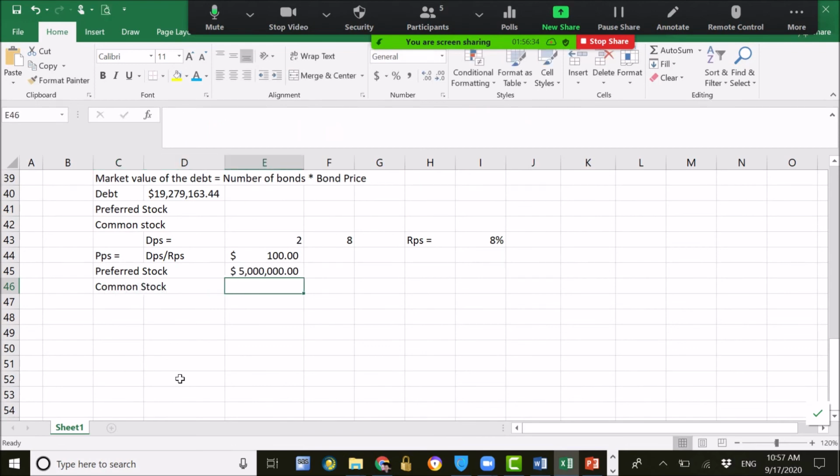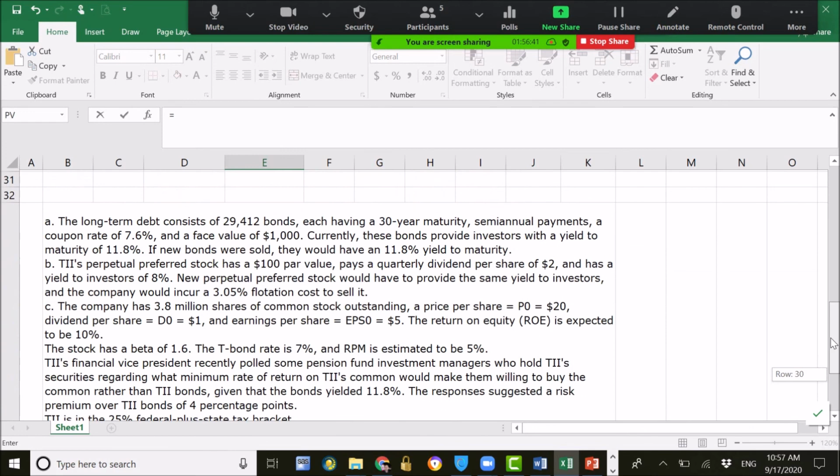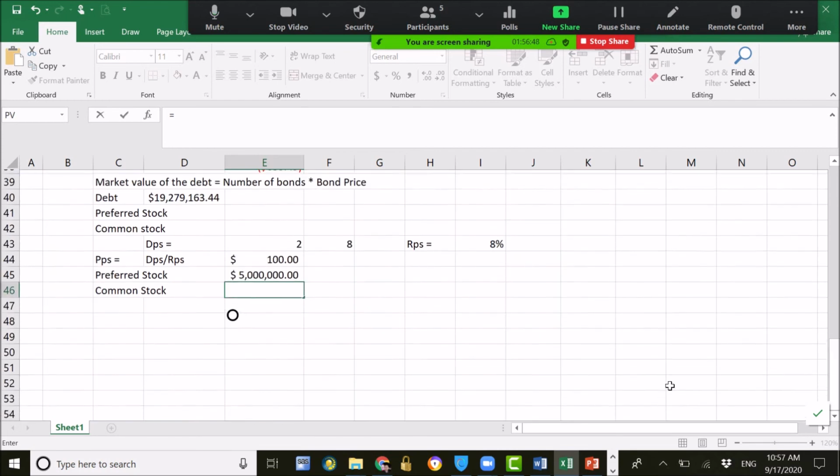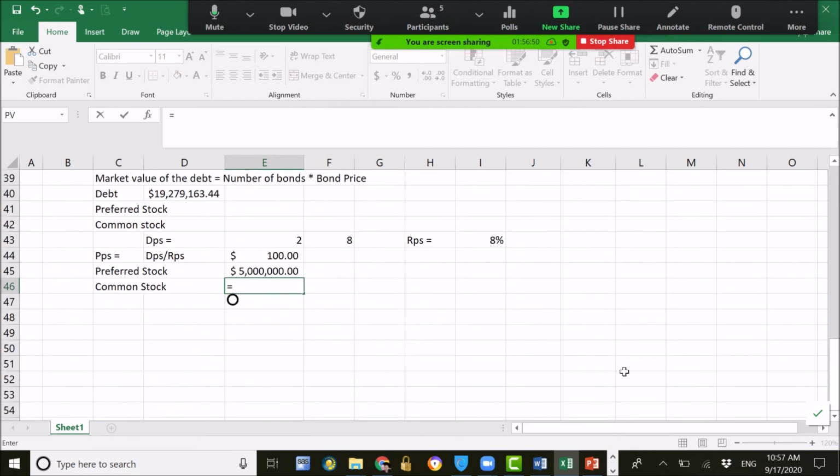So basically the value of common stock equals the number of shares outstanding in the question. In your case it is 3.2 million. In my case it is 3.8 million times $20, right? So 3.8 million, 3 zeros and 3 zeros, times $20. Let me put that in, $3.8 million.